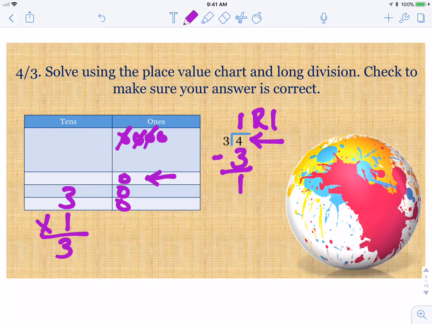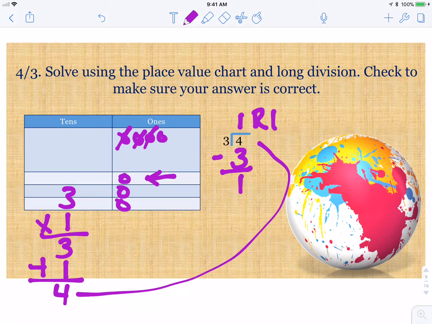What do you think I need to do now? 3 plus my remainder equals 4. Now, does that match? Yes, it does. So that means my answer is correct. The quotient is correct because it matches the dividend.